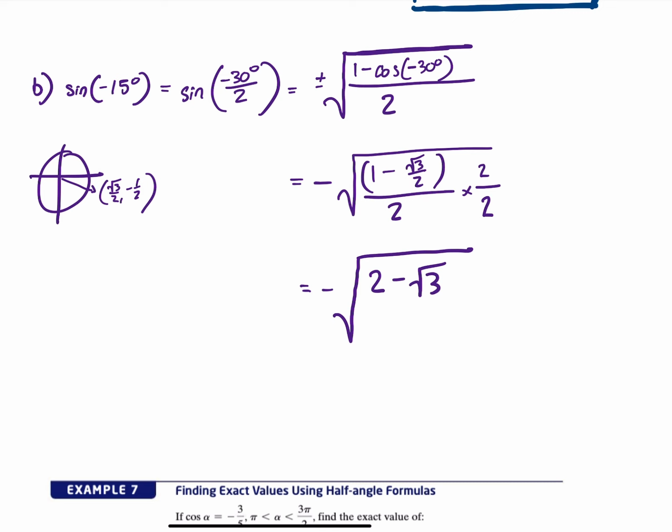And then in the denominator we'll get 4. And then let's apply the square root to the numerator and the denominator. So we could say negative square root of 2 minus the square root of 3 just over 2, since the square root of 4 is 2.